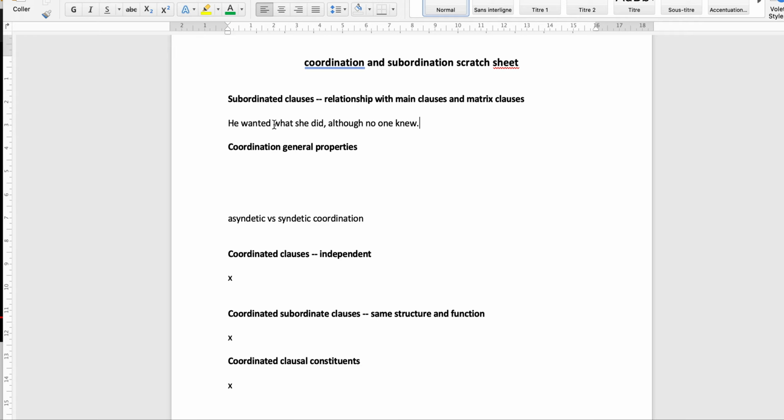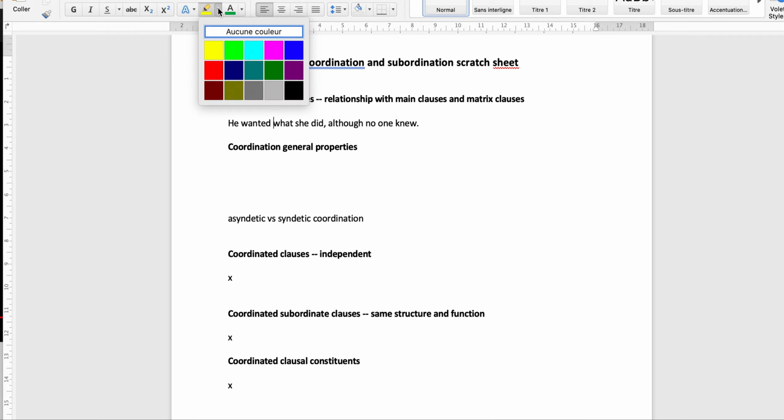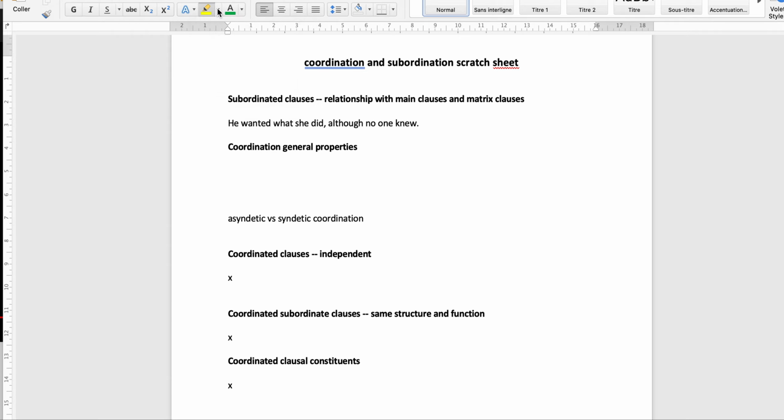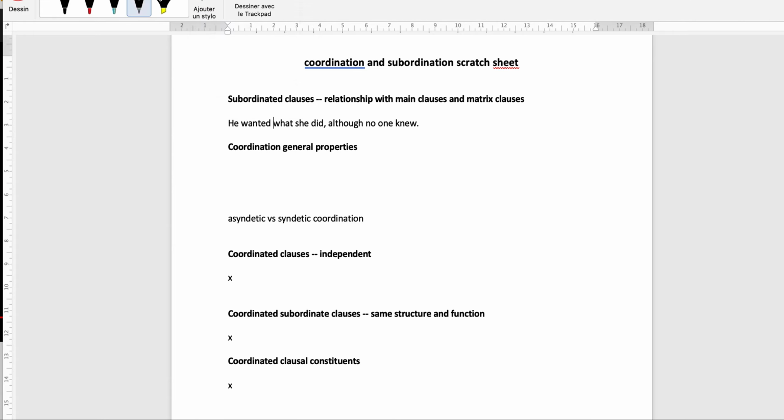So first, we can identify these, which is what we're used to doing, right? We're used to identifying these things, and we can use a little handy pen. Okay, so here we have this, and we have this.